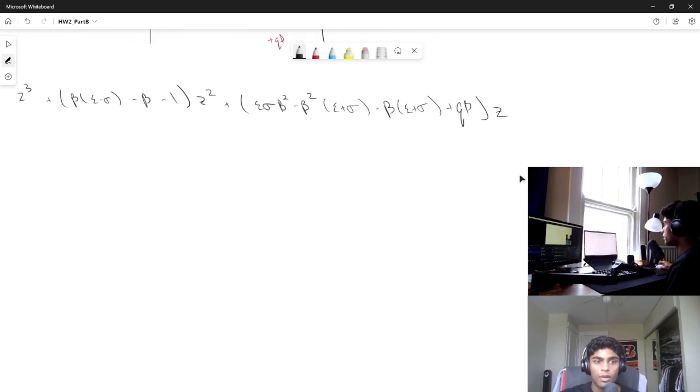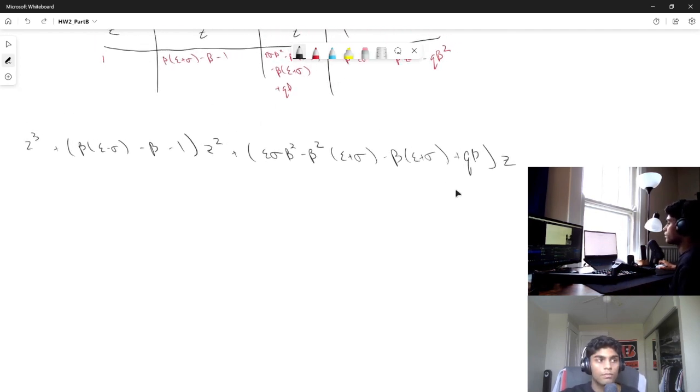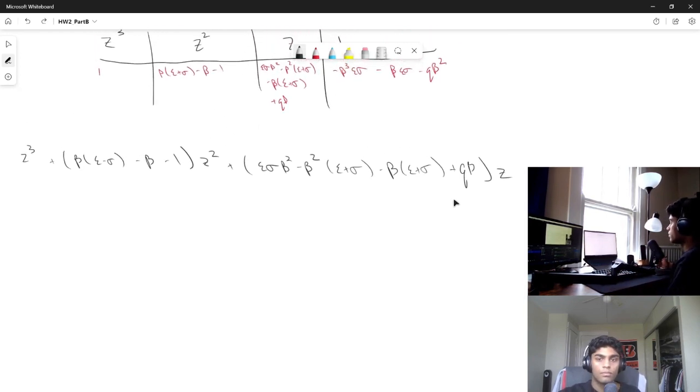and then our constants are going to be, we'll pull out the negative and then make all the things plus.